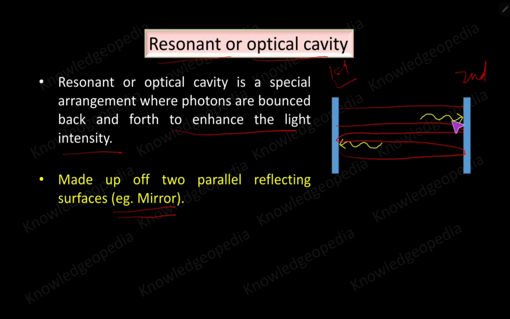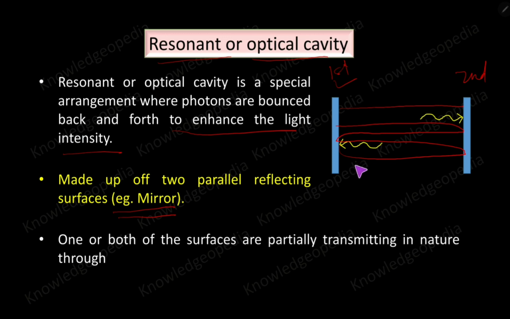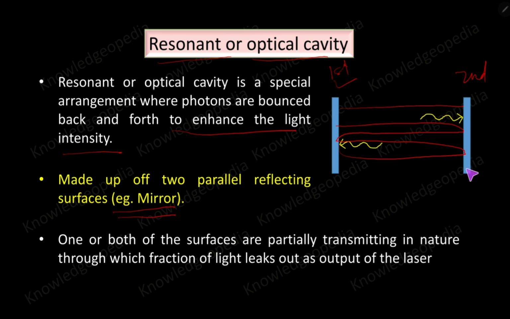Further, if these photons are moving within these two plates, then how are we getting the light from that laser? For that purpose, one or both of the surfaces are made partially transmitting in nature, through which a fraction of light leaks out as output of the laser.